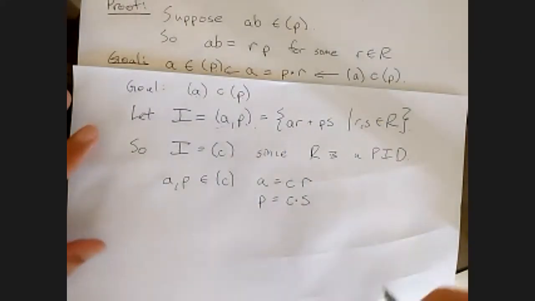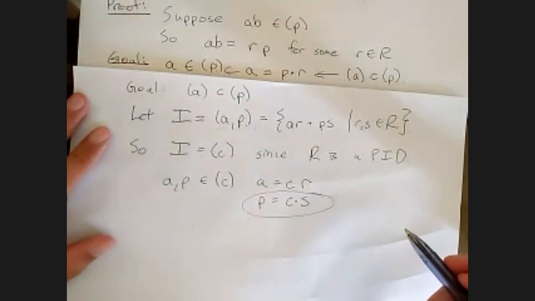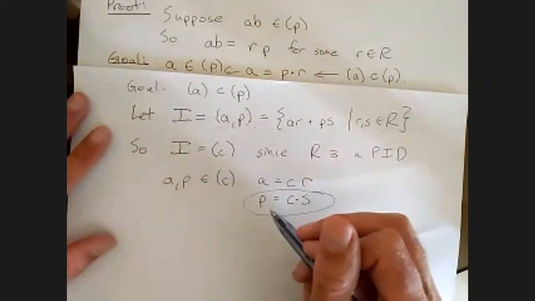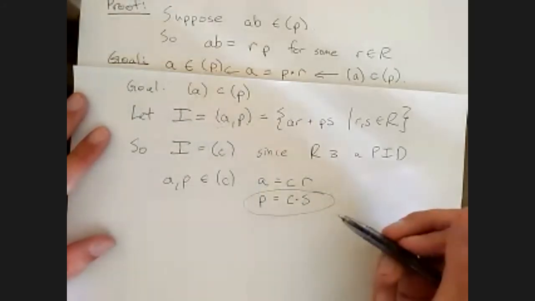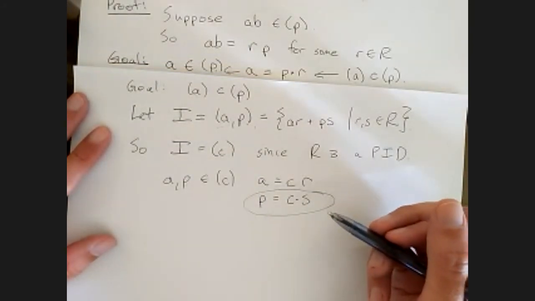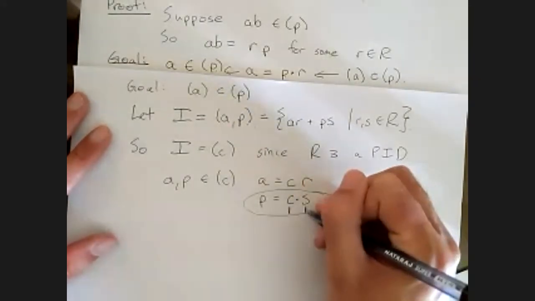Okay, and now notice I've written this equation. P is irreducible, and I have a factorization of P. So in my factorization of P, either this is a unit or this is.